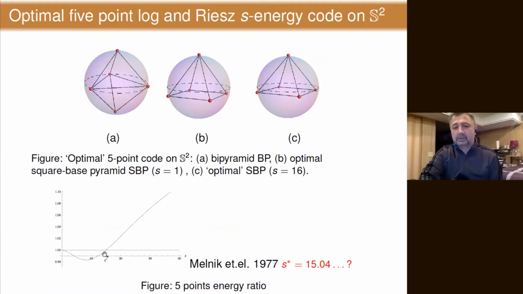The Melnyk conjecture now is proven by Richard Schwartz. The bipyramid is the best optimal configuration, and for S greater than 15.04, this is still an open problem. Actually, a little bit larger than that value.